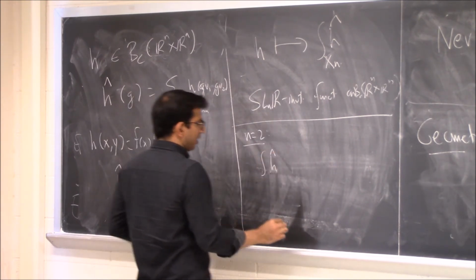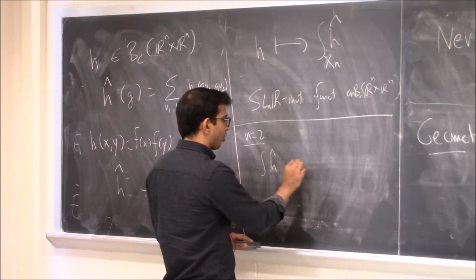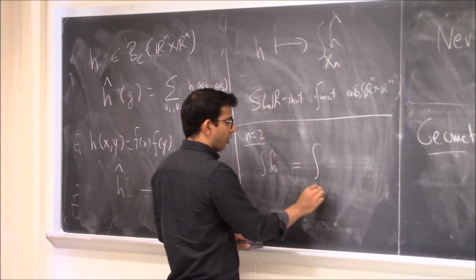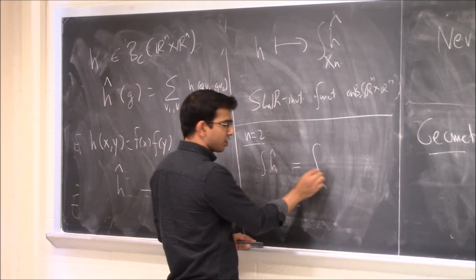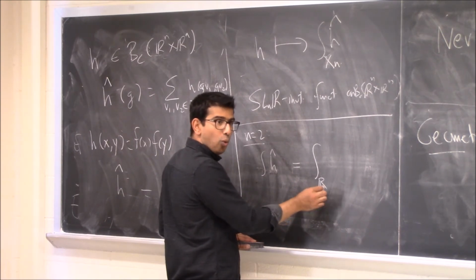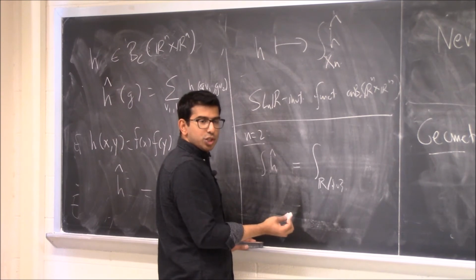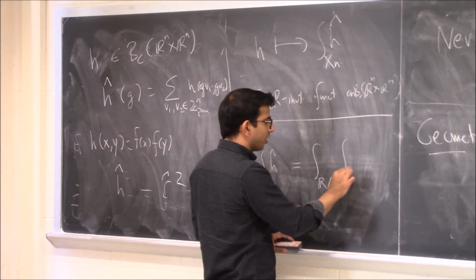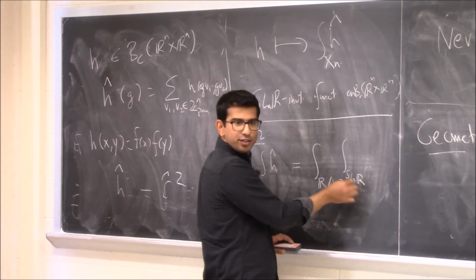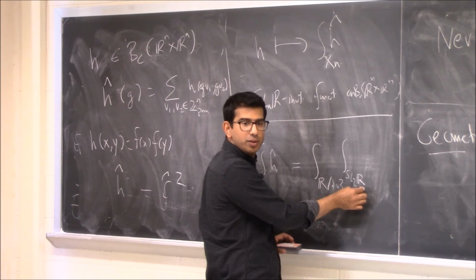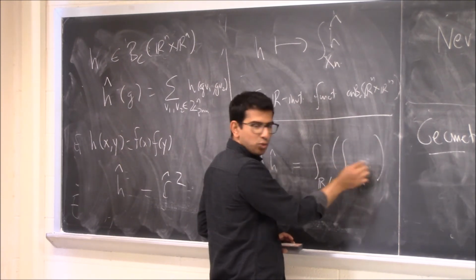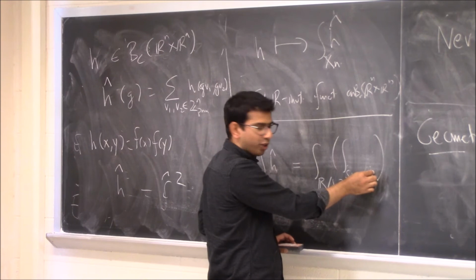Any SL2 invariant measure on R4, you can break it up into the following pieces. There's an integral over R, where this R indicates what the determinant is. Once you fix the determinant, you act transitively essentially on a copy of SL2, and that has one unique invariant measure, and you declare that once and for all.